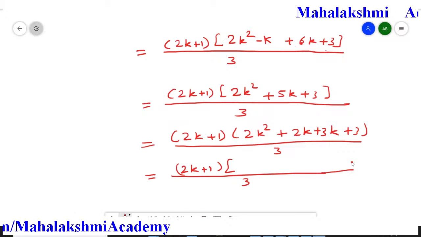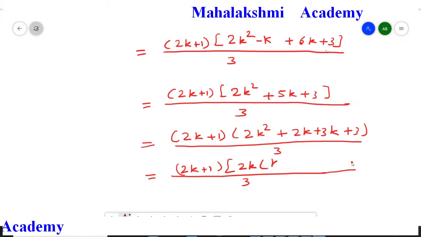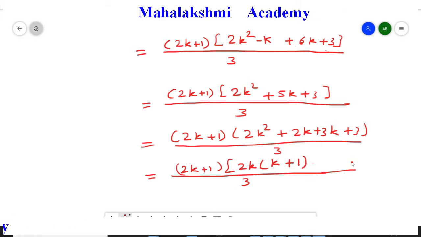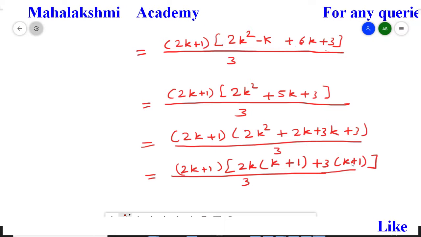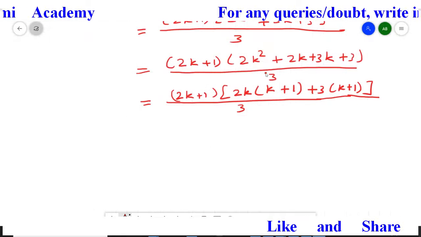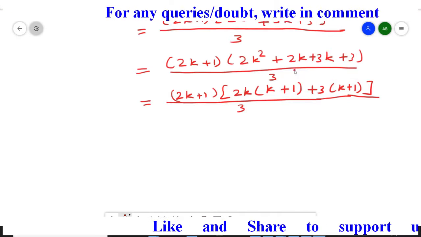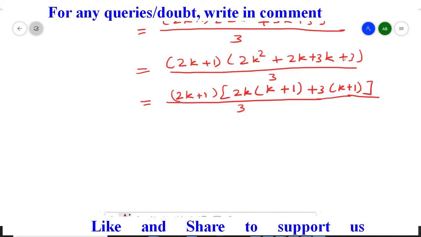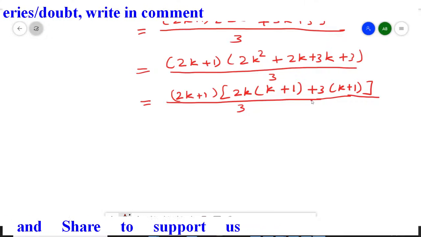So the next step is going to be, we will take here 2k common, so from this only k remains, and from here only 1 remains, and 3 we will take common. So k plus 1 remains, and then big bracket close. So from these 2 terms, when we take 2k common, from here k remains, from here 1 remains, and from here when we take 3 common, k remains, and from here 1 remains.